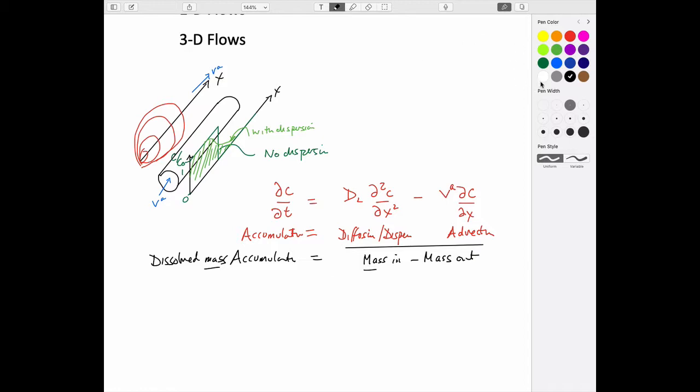And so we have to wonder a little bit about what these coefficients are. Well, this clearly is advective velocity, which is equal to Darcy velocity divided by porosity, and Darcy velocity is hydraulic conductivity over porosity times head gradient, for instance.